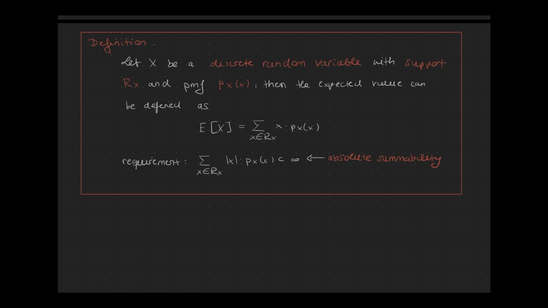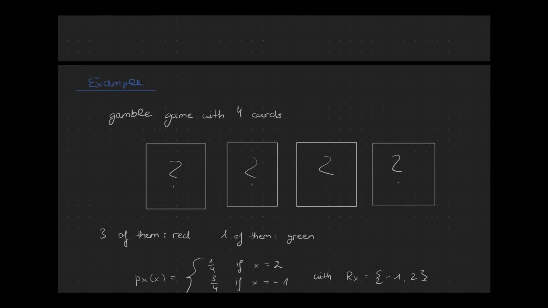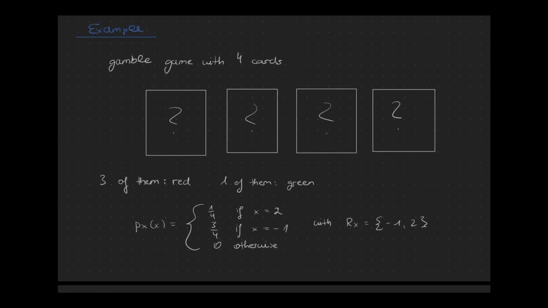Because if you switch two terms, you would get a different result. But if we require absolute summability, then the ordering doesn't matter. And then we have a well-defined expectation value. There are some additional properties and characteristics which come with absolute summability, but I won't dive deeper into this in this episode. So let's talk through an example in order to better understand this definition.